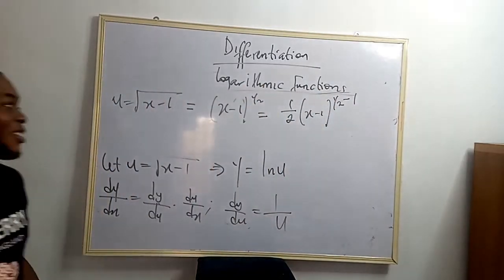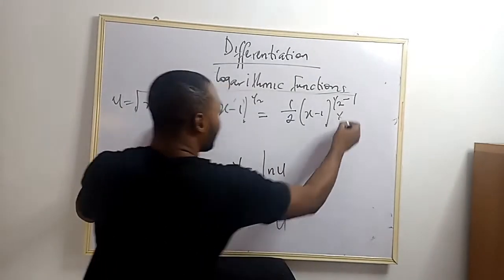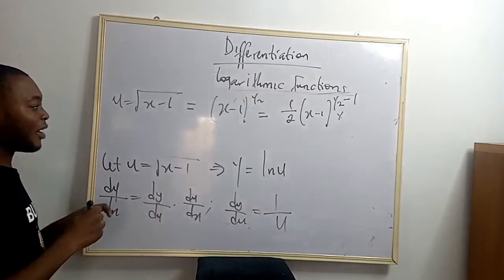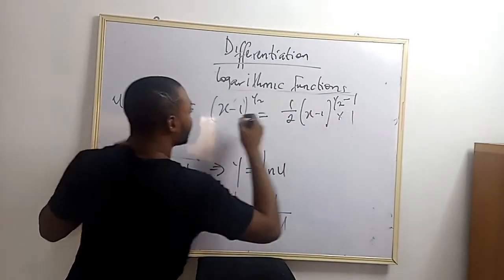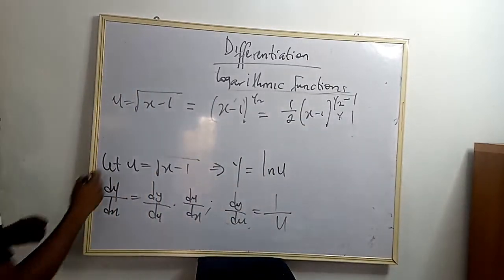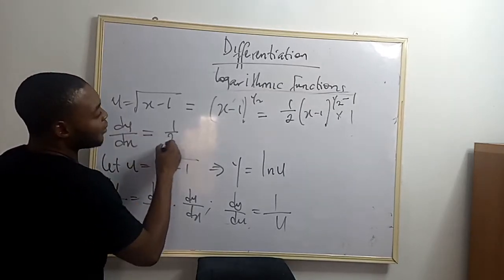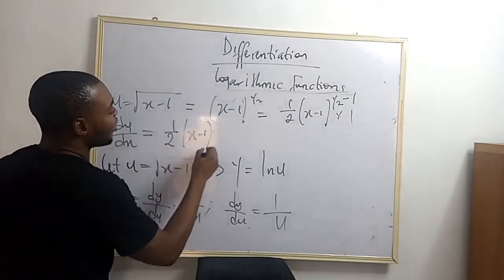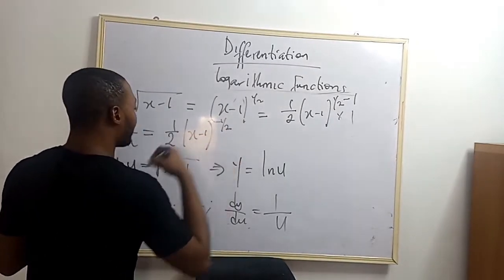Then we differentiate the function inside the bracket, multiplied by the derivative of that, which is x is what? 1. The derivative of minus 1 is 0, so it's just multiplied by 1. So du/dx will be equal to half into bracket x minus 1 raised to half minus 1, that's minus half, multiplied by 1.